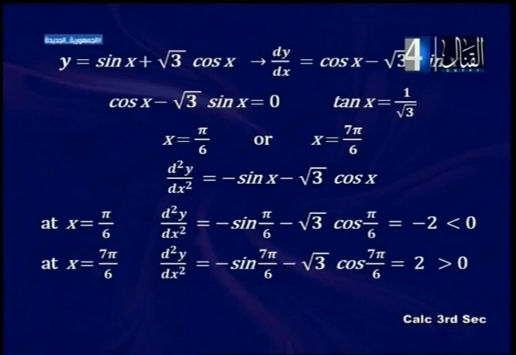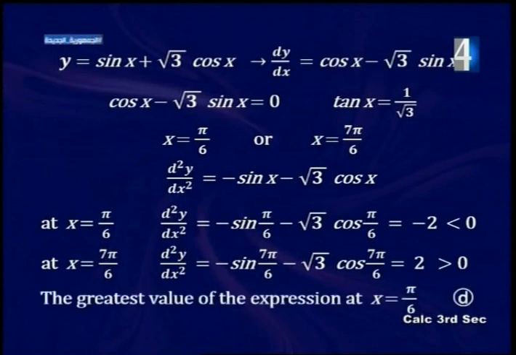Positive 2 is bigger than 0. Then the function has a local minimum value at x equals 7 pi over 6. Now the greatest value of the expression is at x equals pi over 6, letter D.